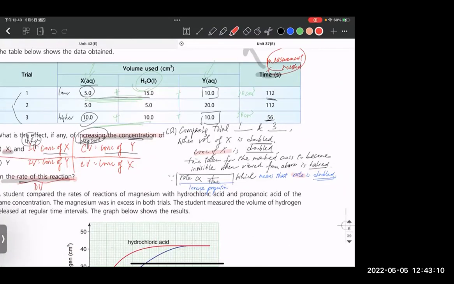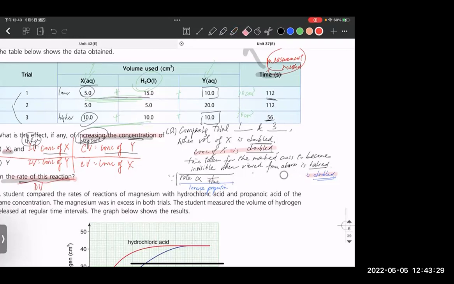Now concentration of X is doubled, which means that the rate is doubled. Okay, which results that rate of reaction is doubled. Do you understand?